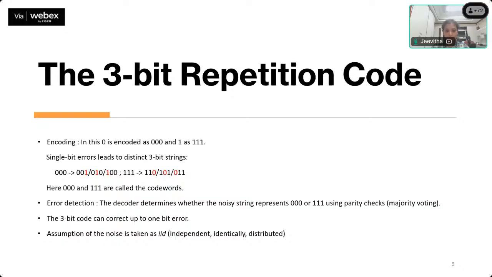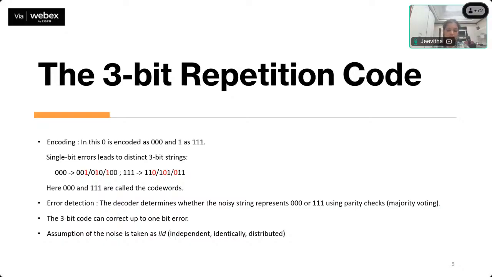If 0 is encoded as 3 copies, then there are 3 possible single errors. The error can occur in the third bit, second bit, or first bit, as I've shown here and highlighted. Right now we're just talking about one error. Here 000 and 111 are called code words, so from now on I'll be addressing them as code words as well.